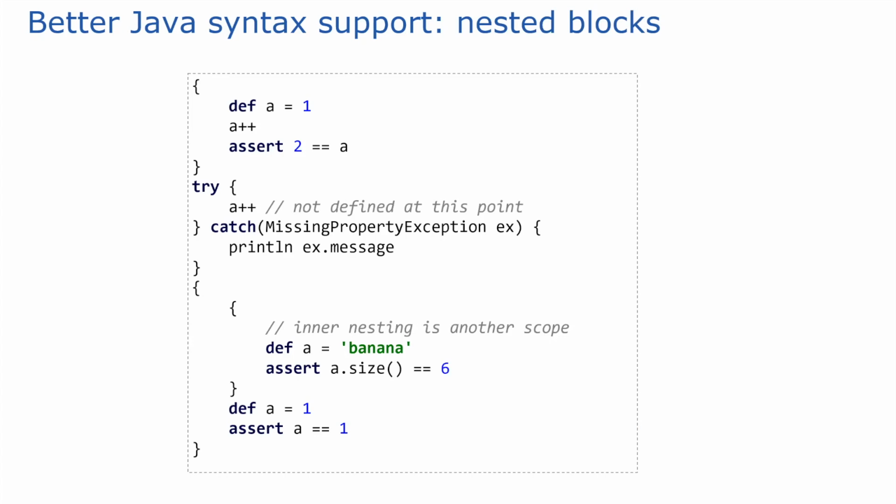I can just have a new nested block, and that'll let you redeclare variables and things like that with a new scope. So if I've got a variable A in some sort of outer scope, create a new curly block, I can have a different A inside that curly block, and it'll cease to exist once the block is finished. So again, not used very often, but it's supported in Java, so now supported. We support it as well.